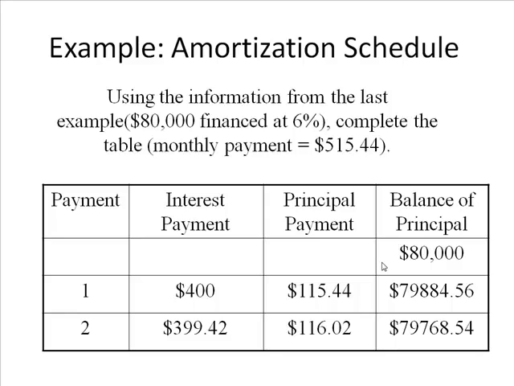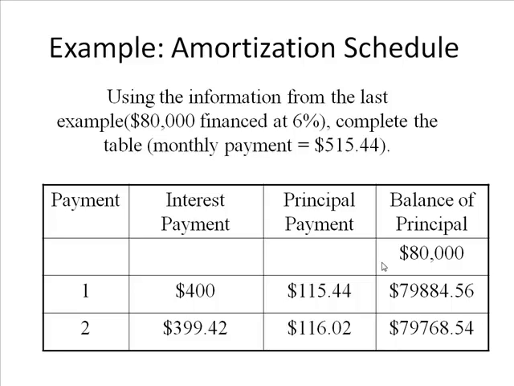Before we make payment 1, our balance is $80,000. Let's calculate the simple interest on $80,000 at 6% for 1 month. $80,000 times 6% will give you $4,800.